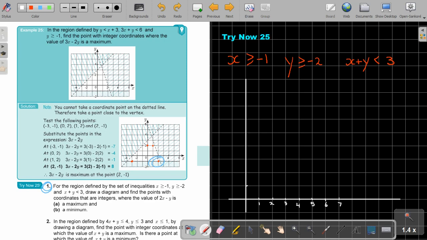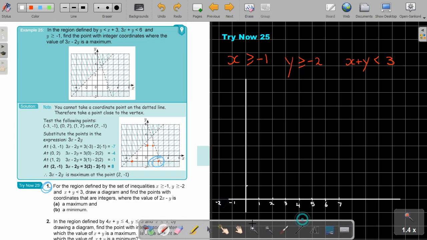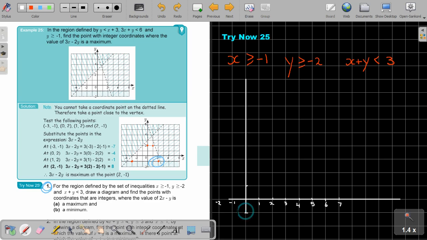I don't think it's so negative, so if I can just extend it to -1, -2. Okay, and then this one will be 1, 2, 3, 4, 5, 6, 7, 8.